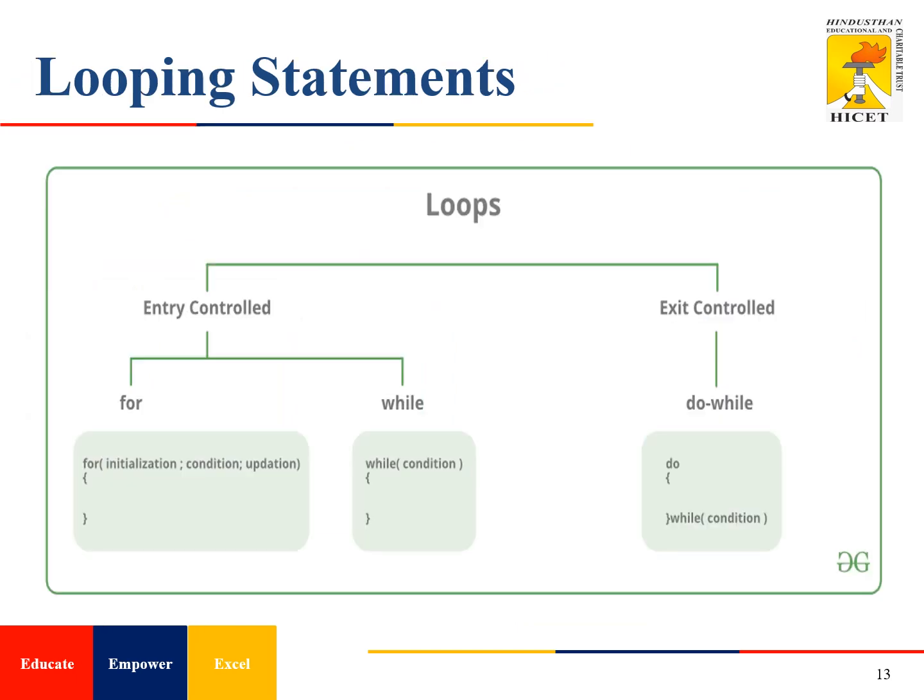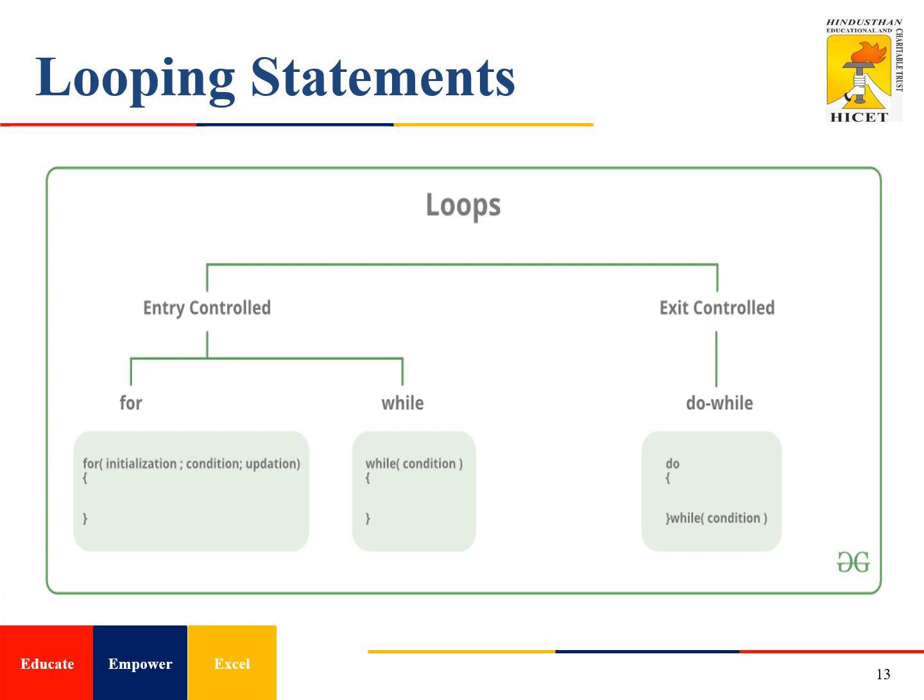And we already know that loops are classified into two types: entry control loop and exit control loop. Entry control loops are for and while. For loop has a syntax where in parentheses you put initialization, that is, if I'm using some variable i, then i equal to 0.